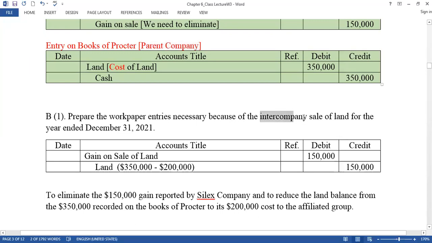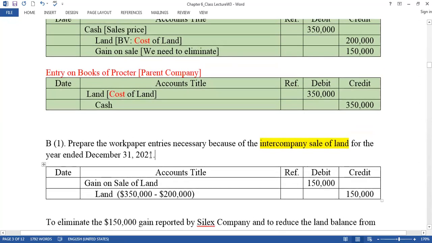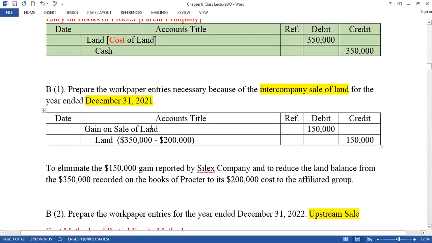As they have intercompany transactions, we have to figure out which one is the intercompany transaction and eliminate it. And when we are doing this, it is on the last day of the year. At that day, we prepare the consolidated financial statement. Clear? Now we record one item debit and another item credit.